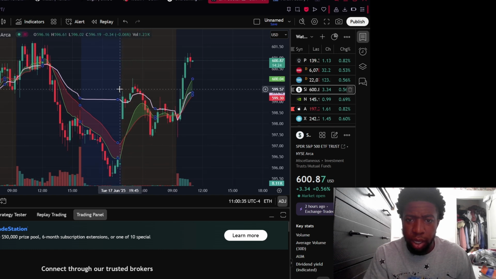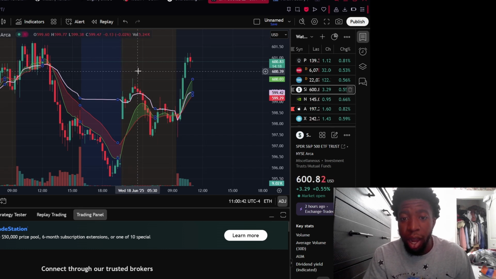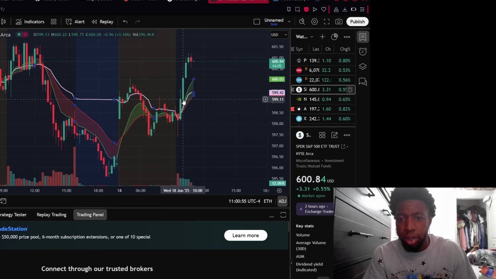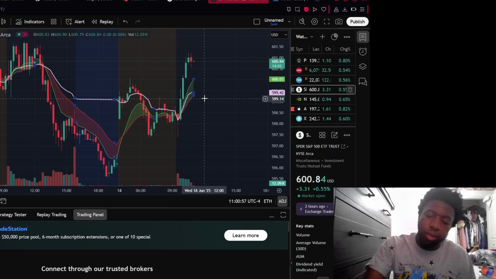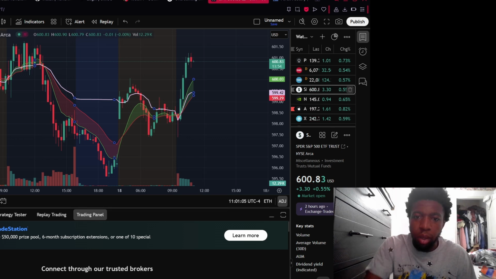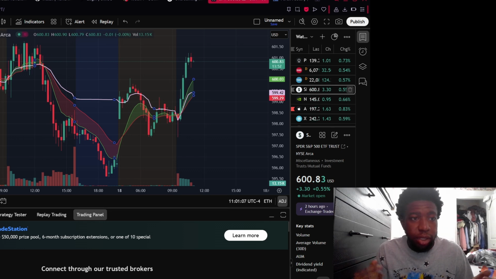We'll just say this is a higher high, a higher low. I feel like this is an equal low, so neutral, and then a higher high. So I would say it's bullish. But yeah, let's look at SPY.